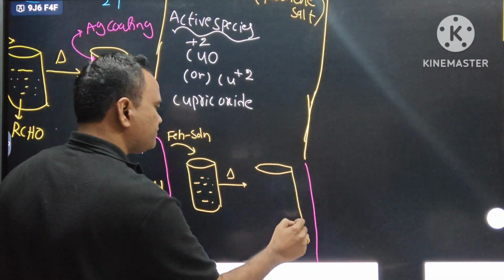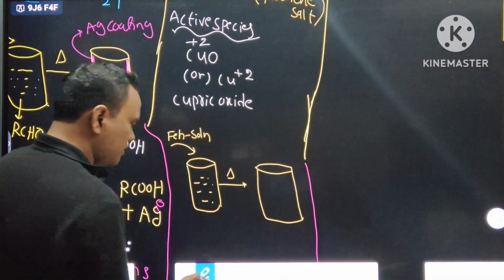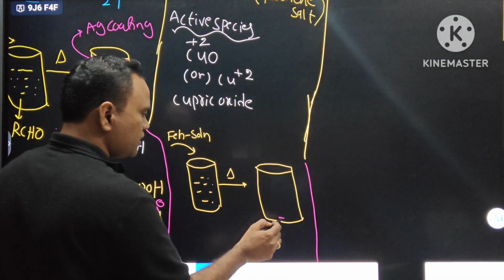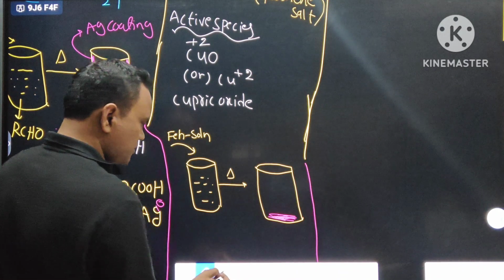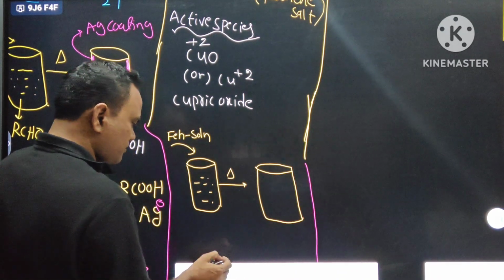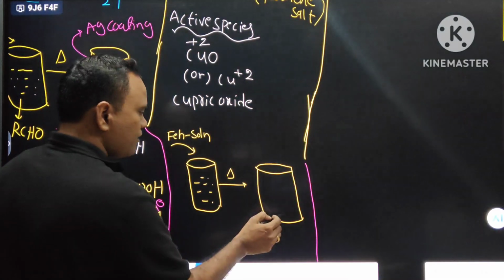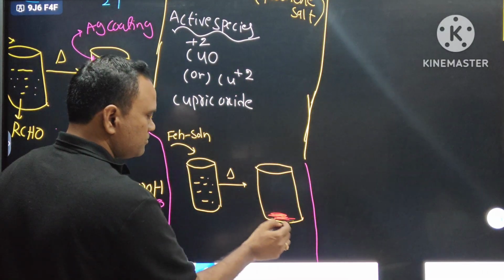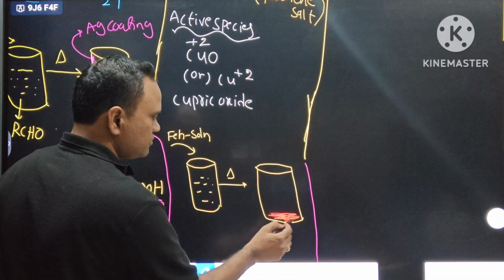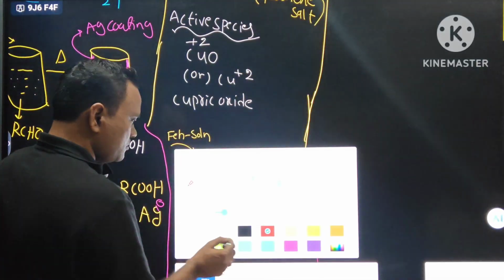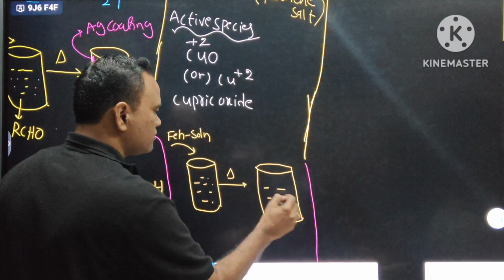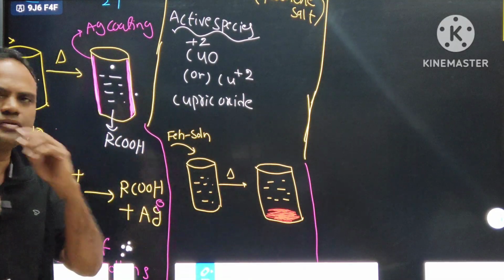You tell me. By seeing the diagram, online students respond. Surabhi, Aisha, Bhakti, respond to what I am writing here. What happened here? Tell me.